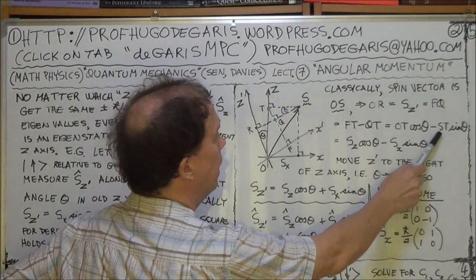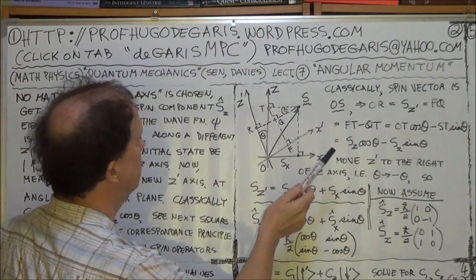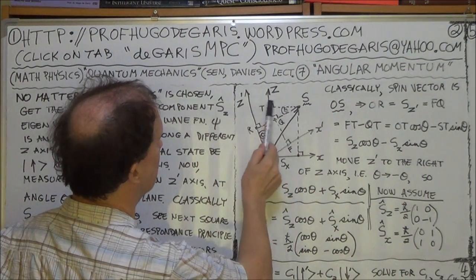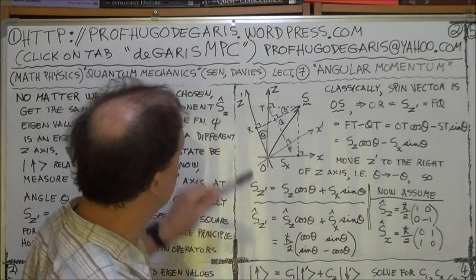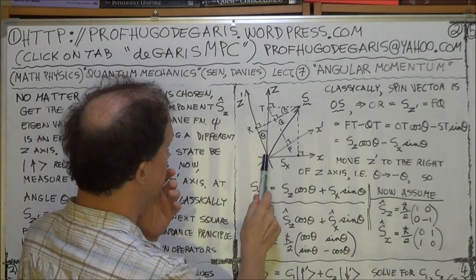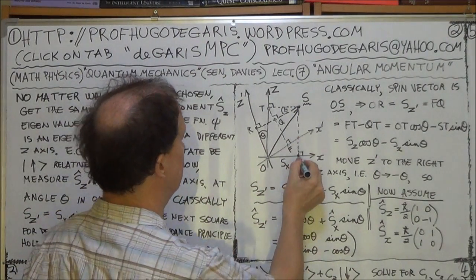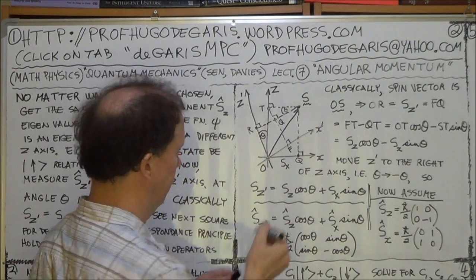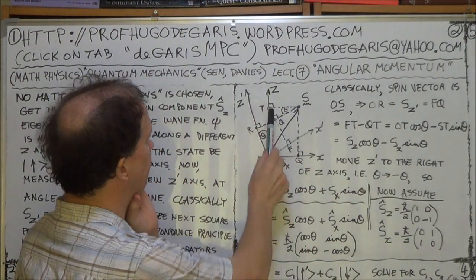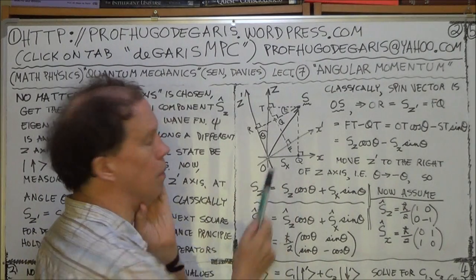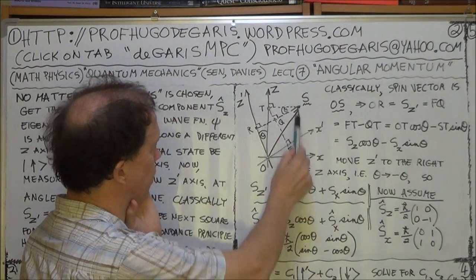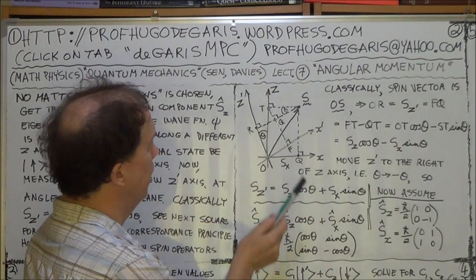Now similarly, ST here. What is ST? Well, ST is the same as, let's call it Q. So ST is just the same as OQ, right? You just drop this vertical down to the x-axis.